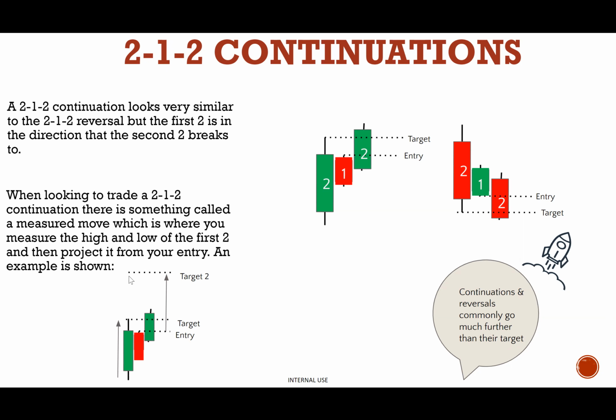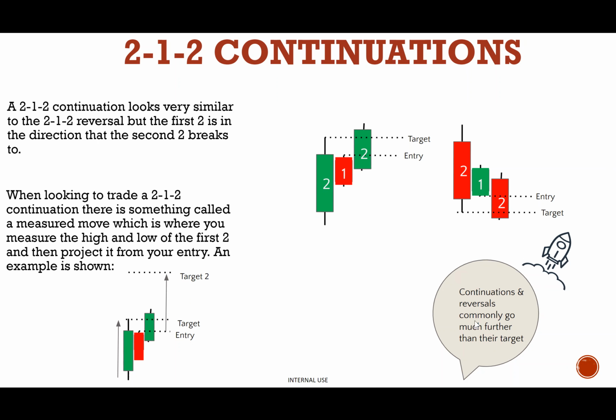When I'm talking about your other targets and things of that nature, you're going to enter here, you're going to take your first profits right here, right? But depending on the stock, that could be you just making 5%, right? So that's why it's talking about the measured move, where you can take profits there, but if you know how to trade the strat and you see other targets nearby, a second target, you can go ahead and take profits there, right?